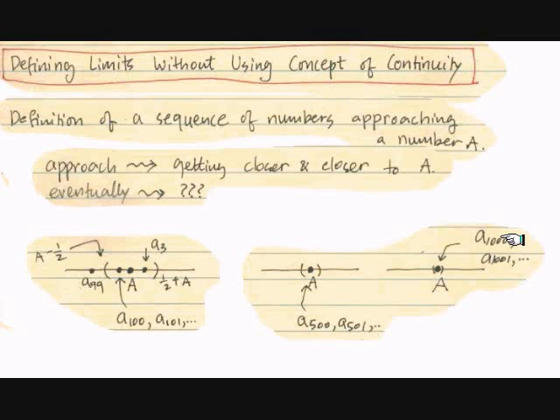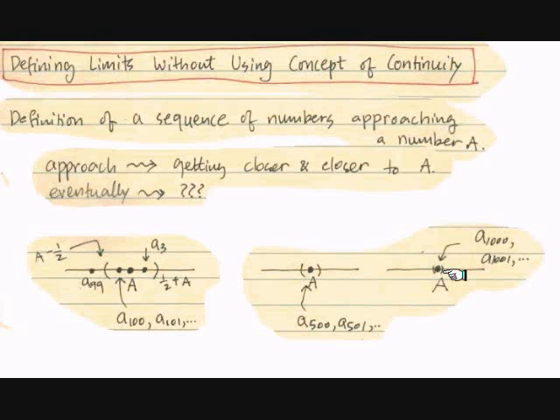However big that index is, from that index on, if we could show all those AN fall inside this tiny interval, and if we can establish that fact for an arbitrarily small interval around that A, that is our definition of the limit of a sequence of numbers approaching A.